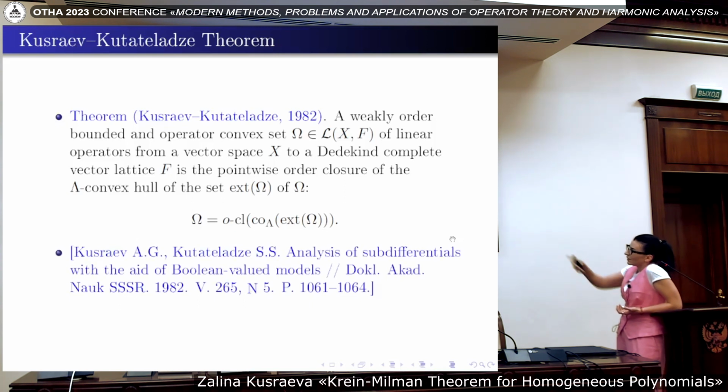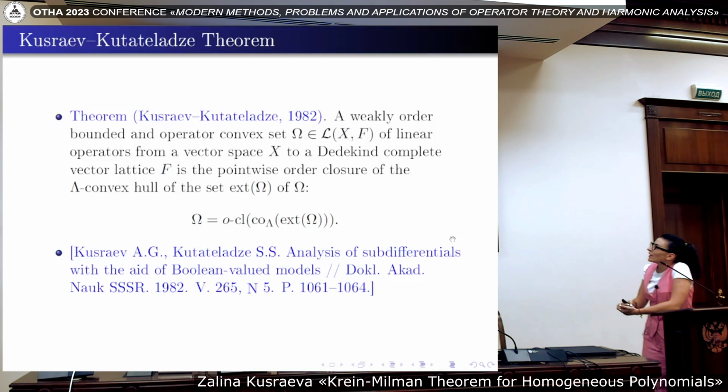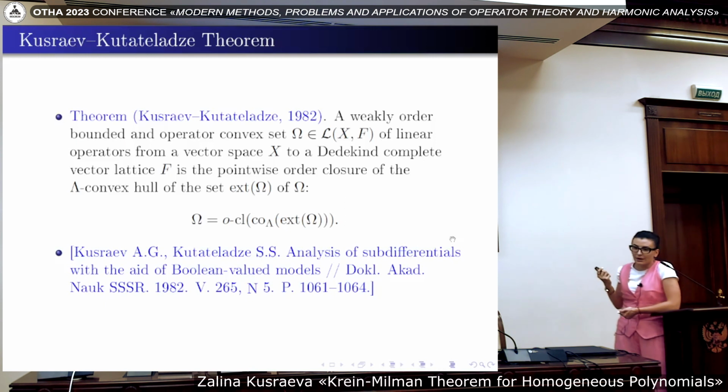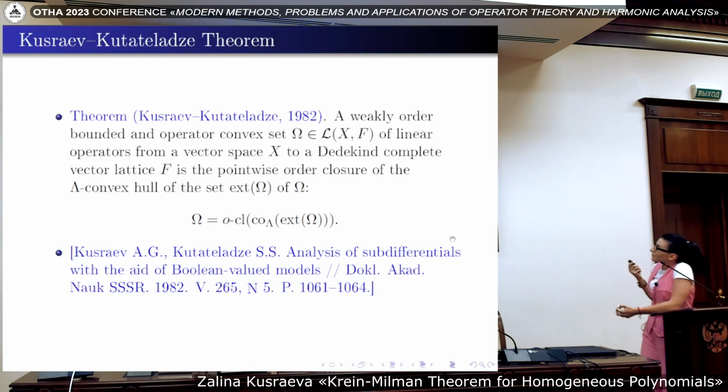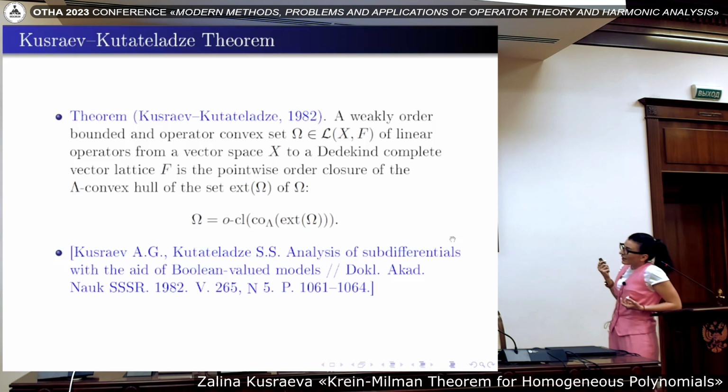Here the paper is cited, and what I want to say is what was obtained essentially. They got rid of the compactness. They substituted compactness of the set by weak order boundedness, and this was essential.